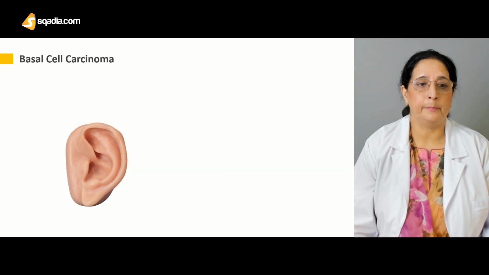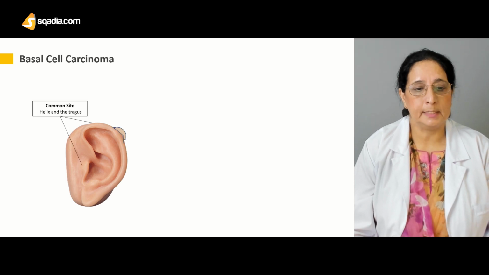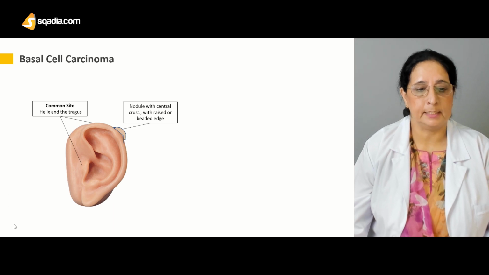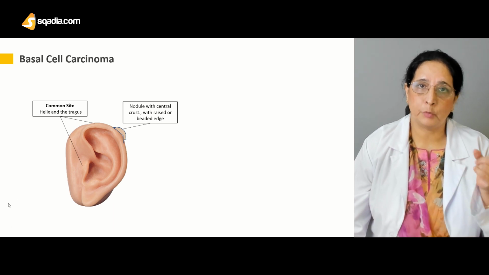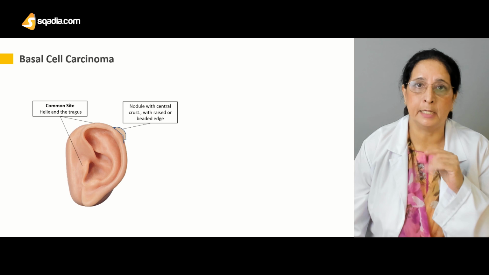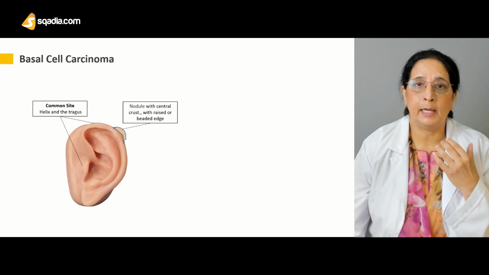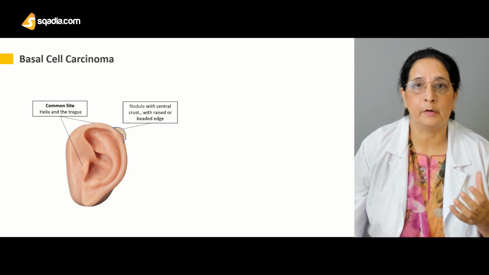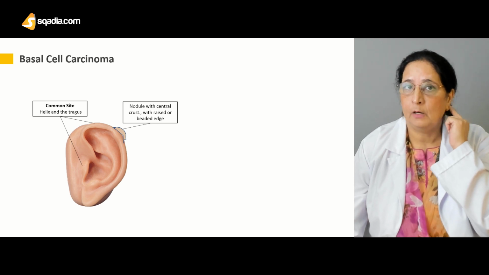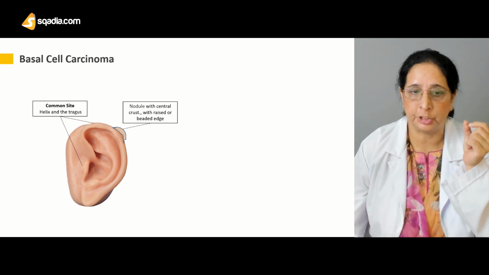The next type of malignant carcinoma is basal cell carcinoma. Again, the common sites are the helix and the tragus. For squamous cell carcinoma too, the helix is a common site. So malignant tumors of the pinna or auricle have a predilection for the helix. Any growth on the helix, pinna or auricle, pay attention to it.